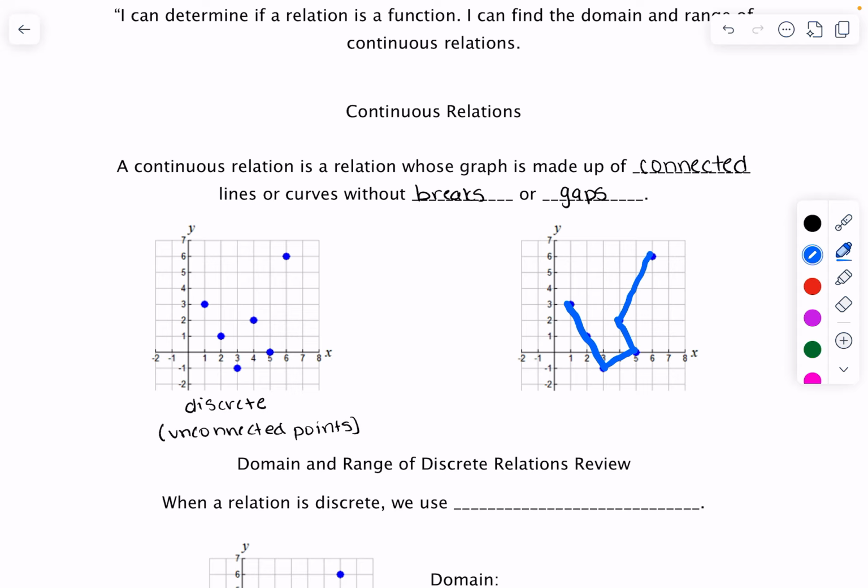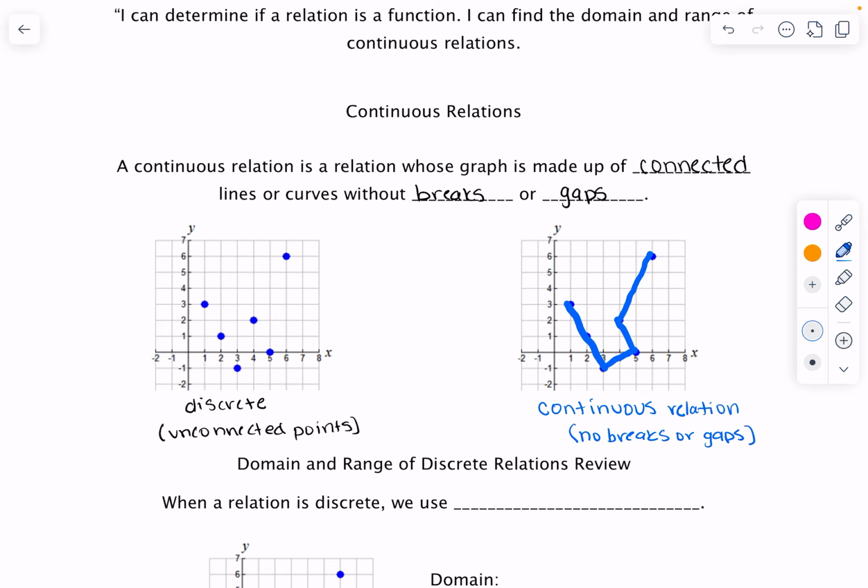I'm only showing you this as an example of something that is a continuous relation. It has no breaks or gaps.